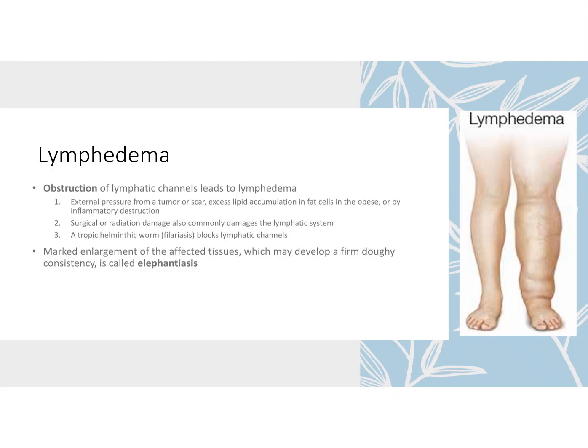Second, surgical or radiation damage. This is one of the most common causes we see in clinical practice. Removal or irradiation of lymph nodes, such as in breast cancer or pelvic cancer treatment, can permanently disrupt lymphatic drainage. This is why lymphedema is a known long-term complication after certain cancer treatments.